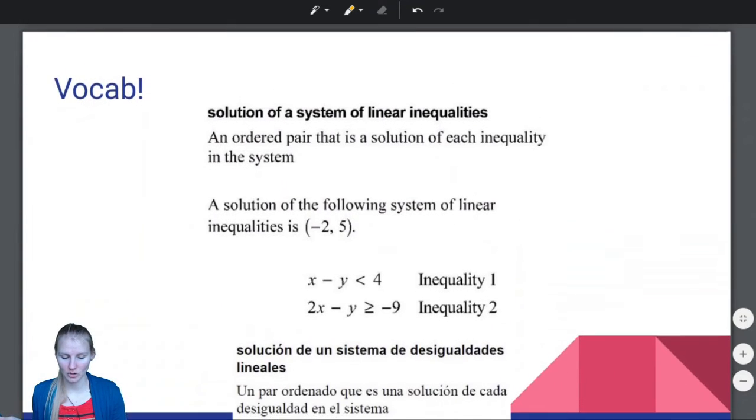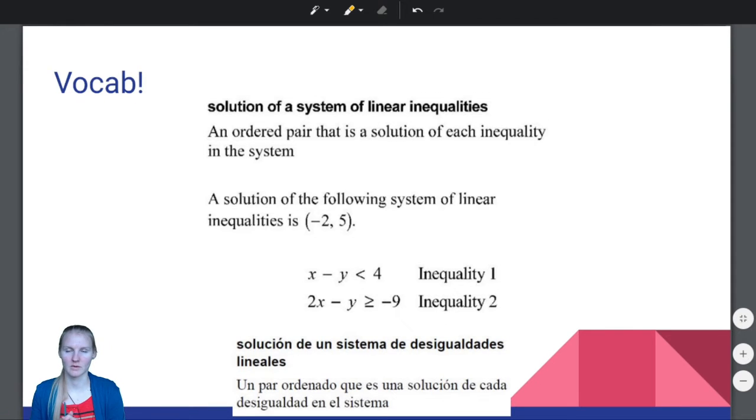So, what is a solution of a system of linear inequalities? Well, a solution to a system of linear equations was a point or an ordered pair that was a solution to both equations, that satisfied both equations. A solution of a system of linear inequalities is an ordered pair that is a solution of each inequality in the system.